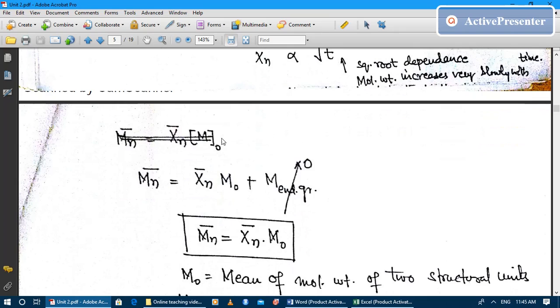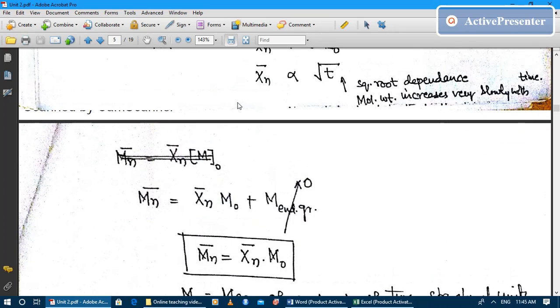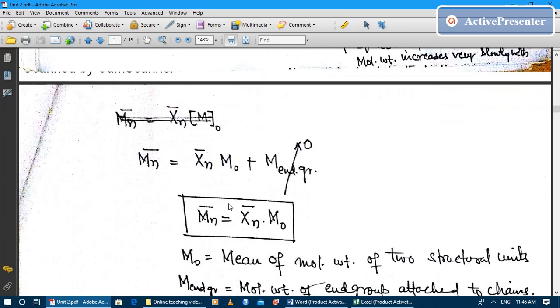So how to relate this Xn bar with the Mn bar? We have already discussed this, but let's see once more. The number average molecular weight Mn bar is equal to number average degree of polymerization Xn bar multiplied by the molecular weight of structural unit M naught.